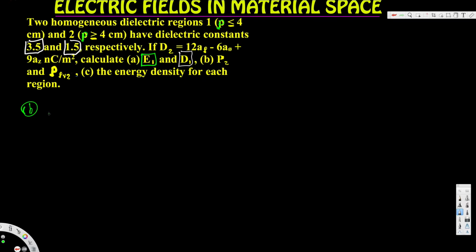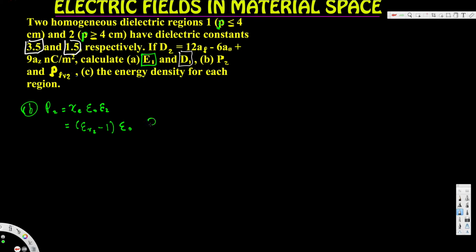So let's go ahead and calculate P2. P2 is the polarization that can be calculated using this formula, chi e epsilon naught E2. Now chi e is basically epsilon r2 minus 1. We already know epsilon r2, that is 1.5. So we can plug that in here, and also epsilon naught, and then we have to calculate electric field 2.